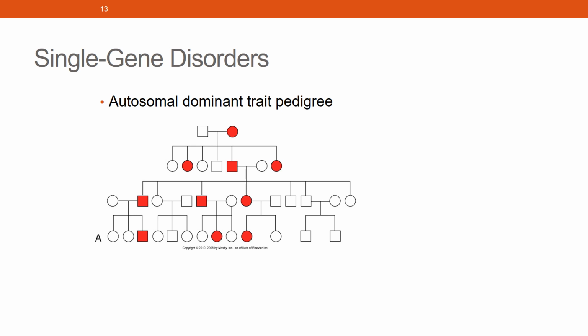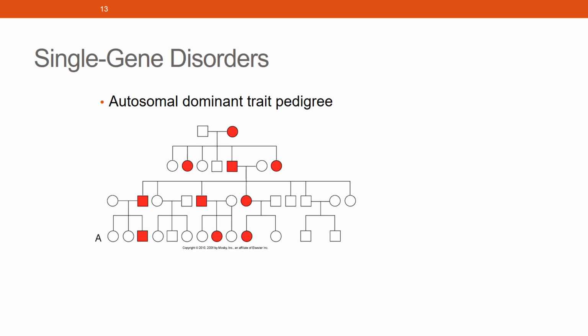This is a pedigree picture. Again, a little bit about pedigree: a square represents male, a circle represents female, and of course shading, or red in this case, represents the dominant trait. At this point we don't care about gender because we are talking about an autosomal trait.